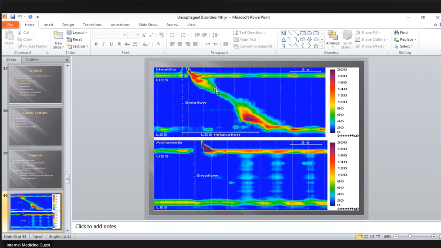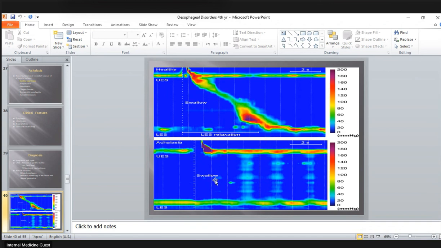So these are contractions, and as you can see, they are propagating towards the end of the esophagus. The first contraction starts in the proximal esophagus and then keeps moving down until it reaches the lower esophageal sphincter. So these are peristaltic. These are propulsive movements.